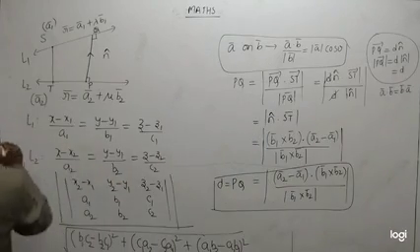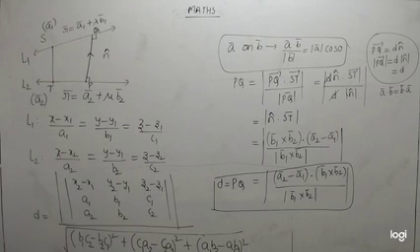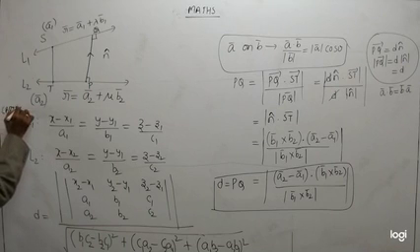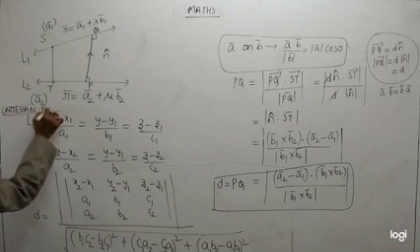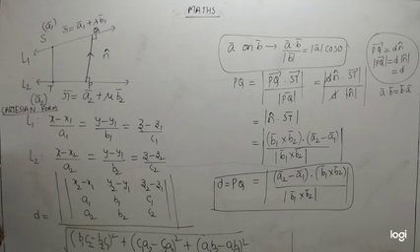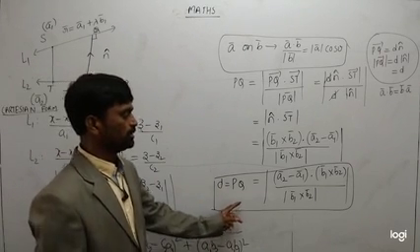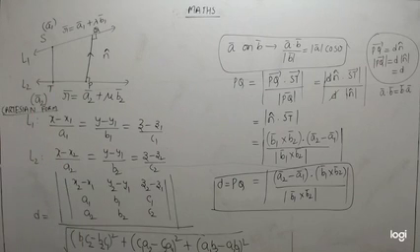When Cartesian equations are given, this is the formula to find the shortest distance. So this is the Cartesian form. When the equations are given in the Cartesian form, use this. When vector equations are given, use this. This derivation is very important.